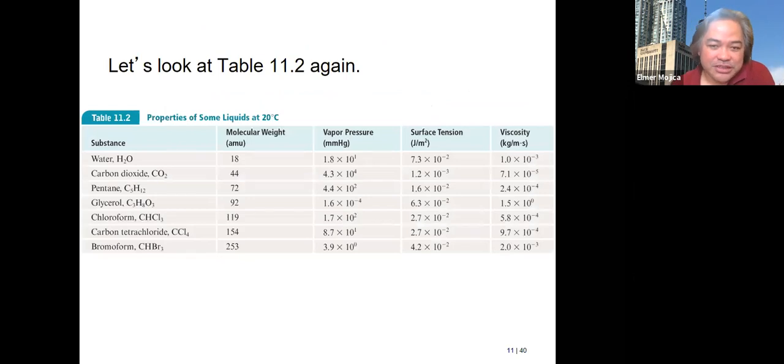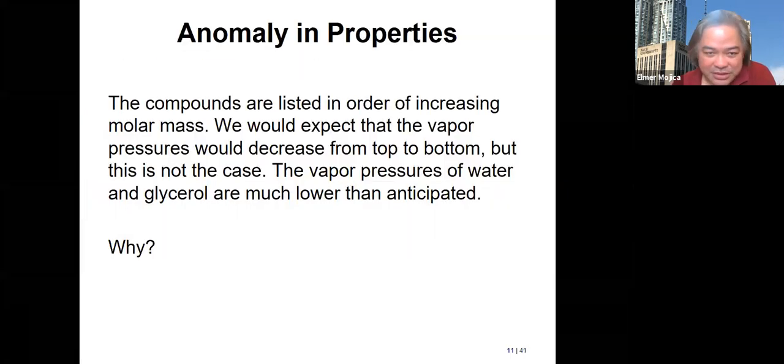So if we look again at the things that we have here, we already observed the trend, right? But the only question that we have here is why are water and glycerol an anomaly?